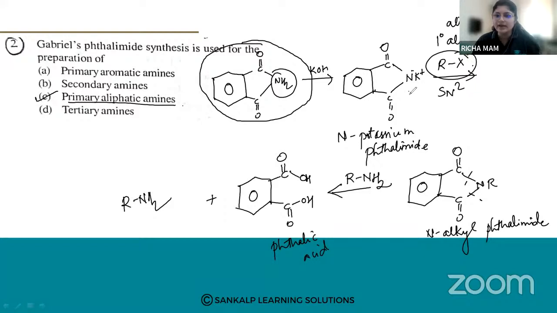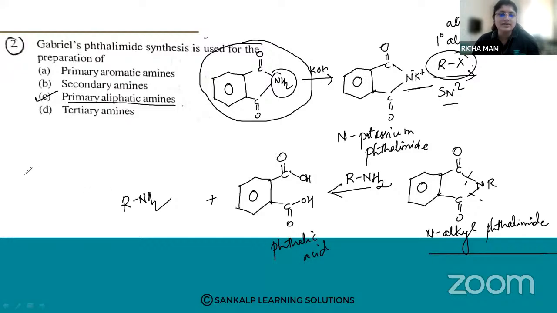We get N-potassium phthalimide, the potassium salt of phthalimide. Then we treat it with alkyl halide, which undergoes an SN2 reaction and gives N-alkyl phthalimide. This N-alkyl phthalimide reacts to give you phthalic acid and primary amine.